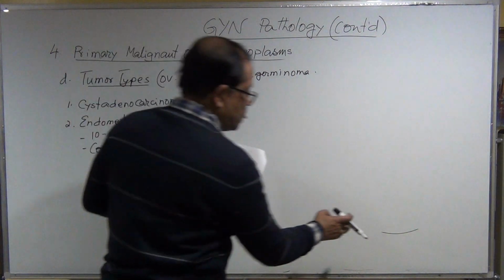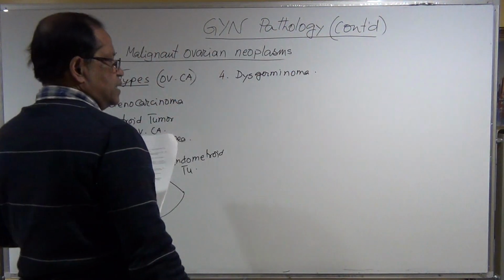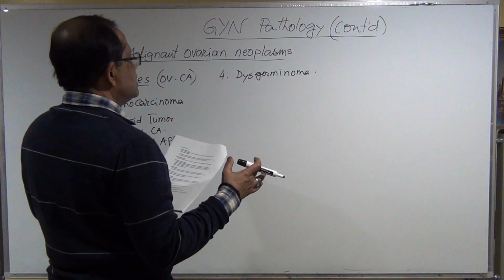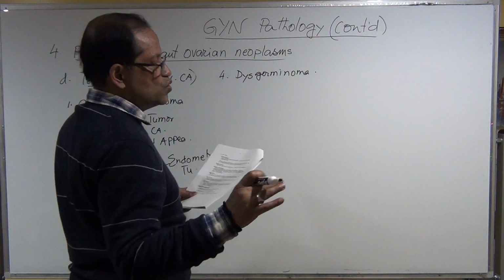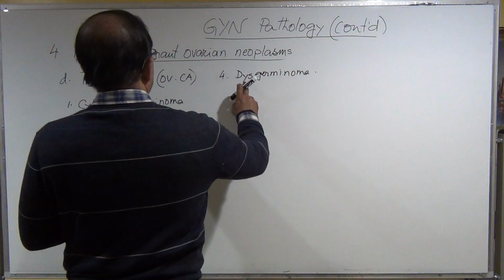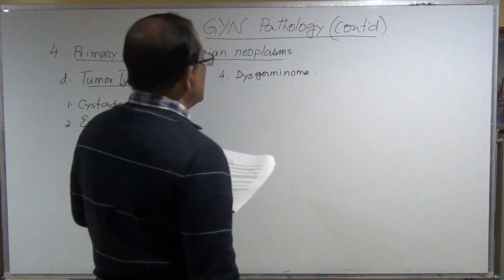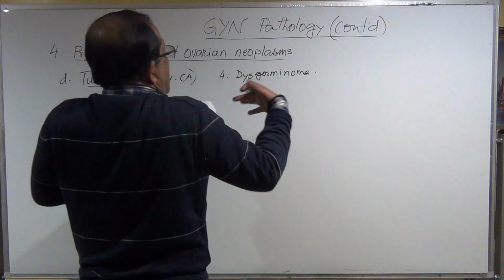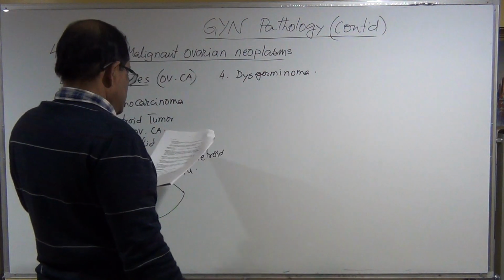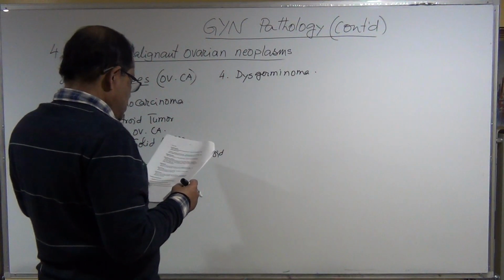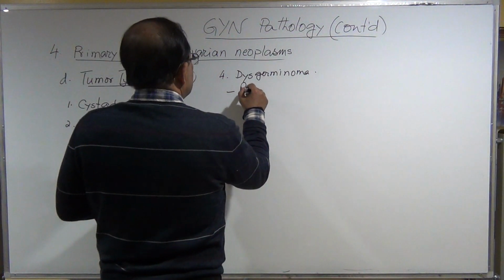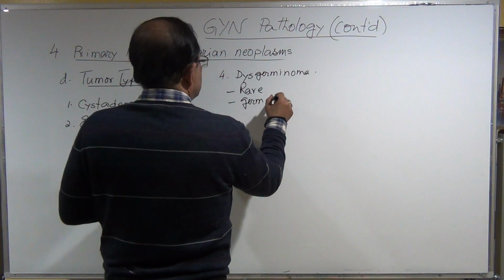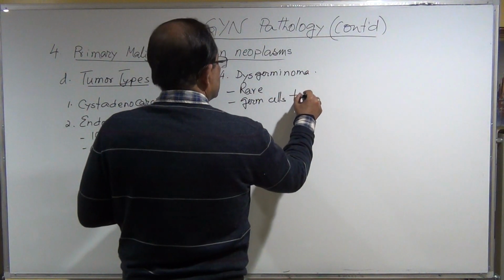Seminoma is the most common malignant tumor in the testis, and in the ovary there is no seminoma because there is no seminiferous tubule. But dysgerminoma comes from the germ cell tumor and is an abnormal proliferation. So it is a tumor. This tumor is rare. So rare, a germ cell tumor.